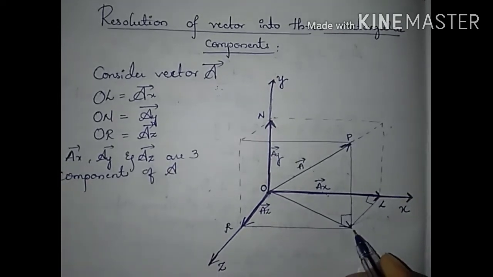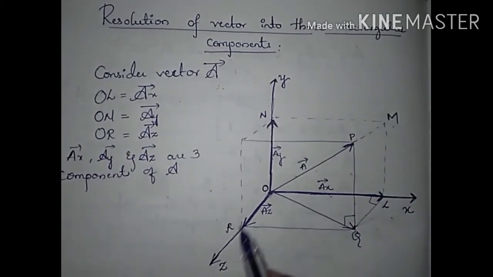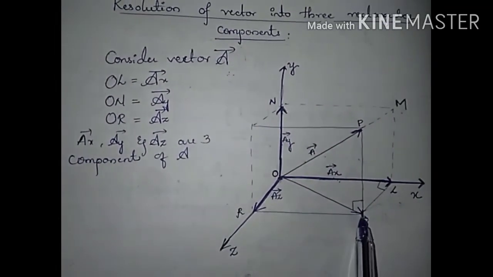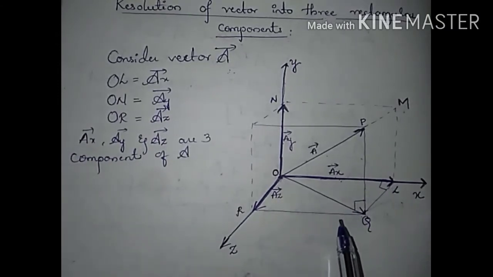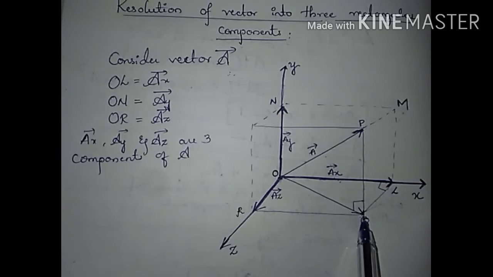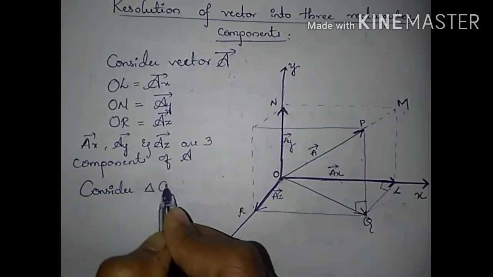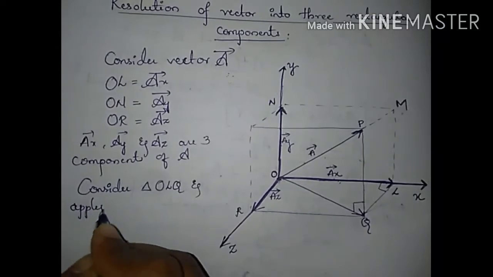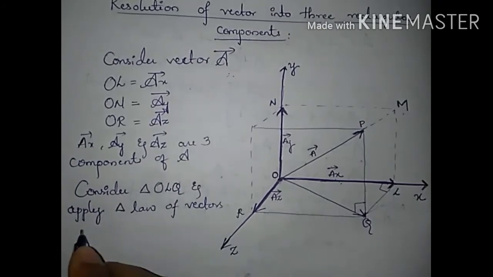So let me give this as Q, M, and this is x-axis, y-axis, and z-axis. Now consider a triangle OLQ. By considering this triangle OLQ, you will get what is vector OQ. Consider triangle OLQ and apply triangle law of vectors addition.